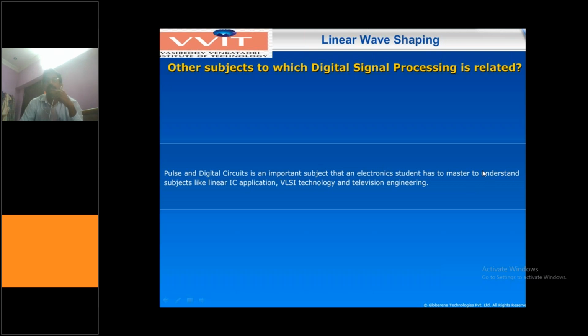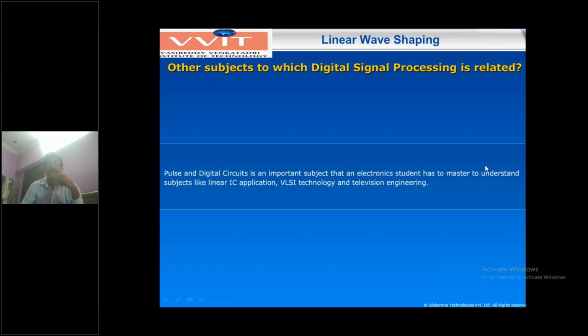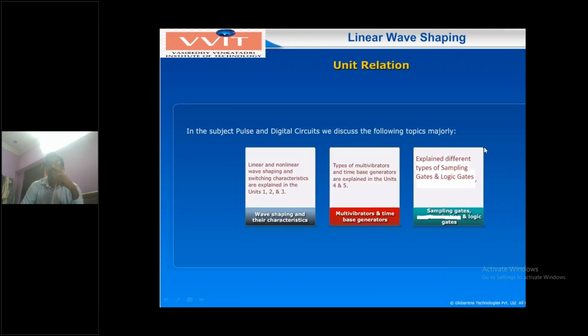Not only pulse and digital circuits, other subjects are also important, like linear IC applications, VLSI, television engineering and DSP. This subject is divided into 6 units according to the JNTU Kakinada curriculum. The first unit is linear wave shaping, the second unit is non-linear wave shaping, and the third unit is switching characteristics and bistable multivibrators.